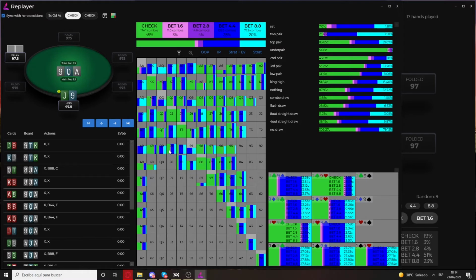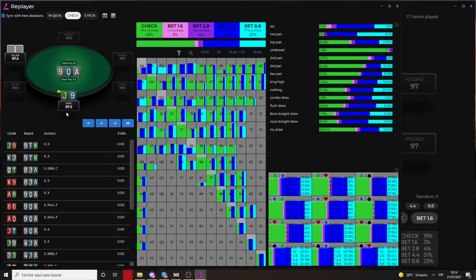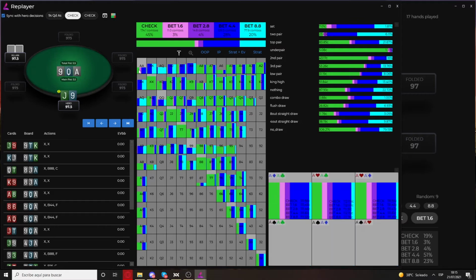Even hands like king 9 of diamonds might call, or rather will call, but maybe king 9 of clubs will fold, and therefore by having a diamond we're getting some better hands to fold and some worse hands to potentially call, like king 10 for example.